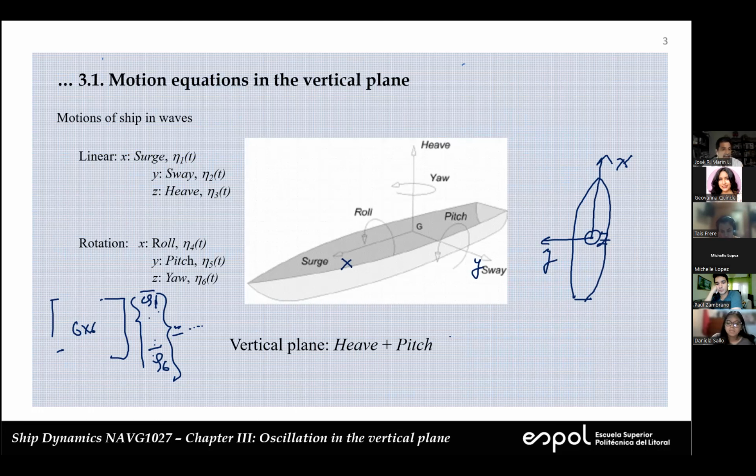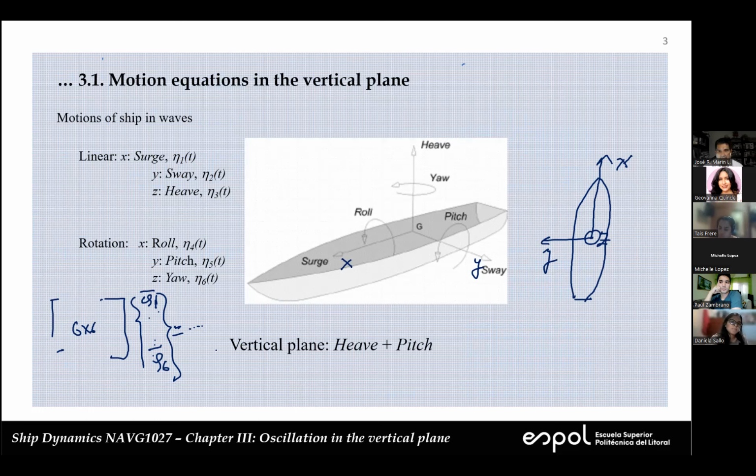For example, in our course, in some examples, we could consider a box barge, right? A box barge floating with no trim. In those cases, yes, you could have the 2 motions uncoupled, but in general, it's basically impossible to avoid it. So you cannot study heave without pitch and vice versa.